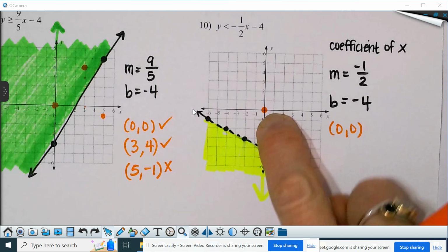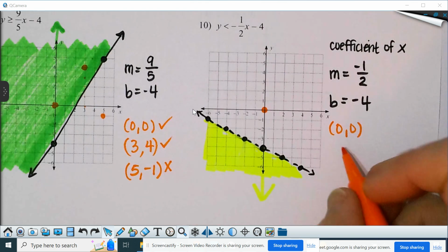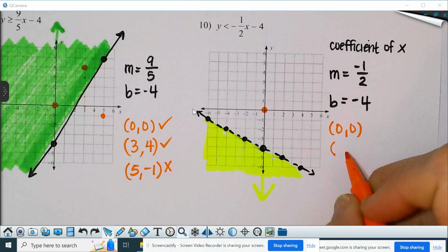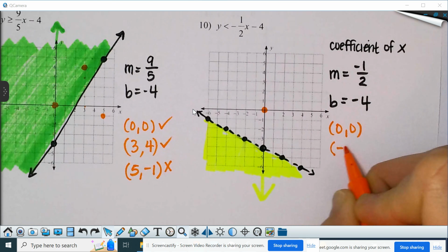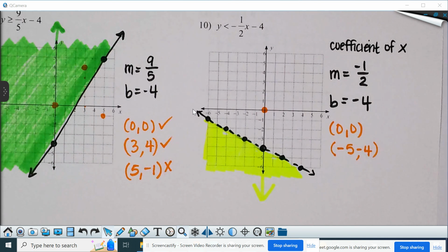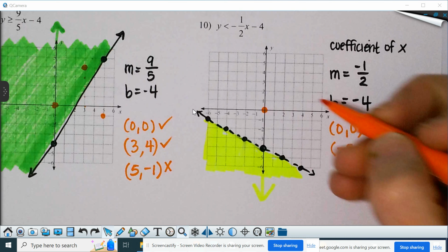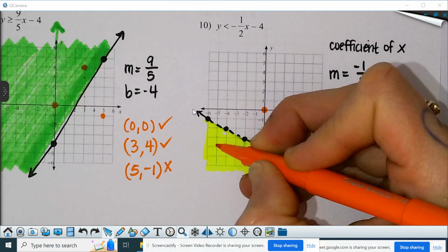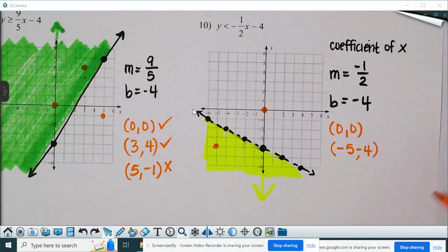How about is -5, -4 a solution to this inequality? So it's going -5, 1, 2, 3, 4. That is in the shaded area, so indeed it is. That's a yes. That's a no.